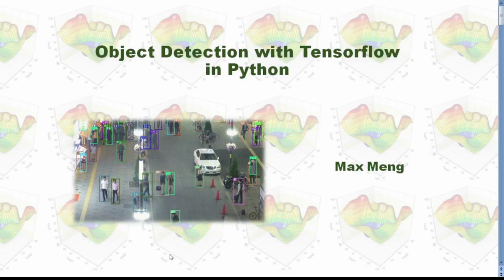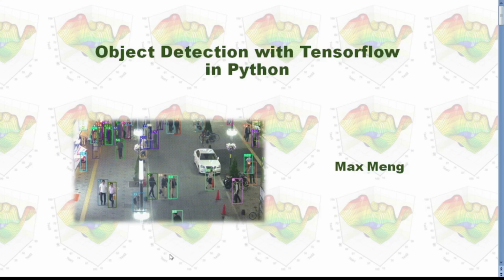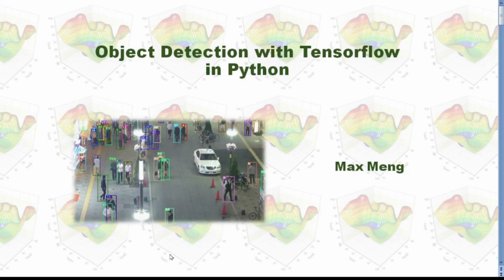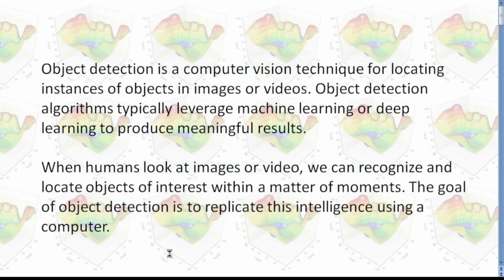This time, I'm going to talk about object detection with TensorFlow in Python. Object detection is a computer vision technique for locating instances of objects in images or videos.